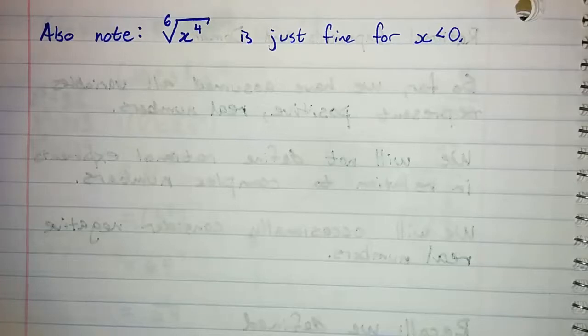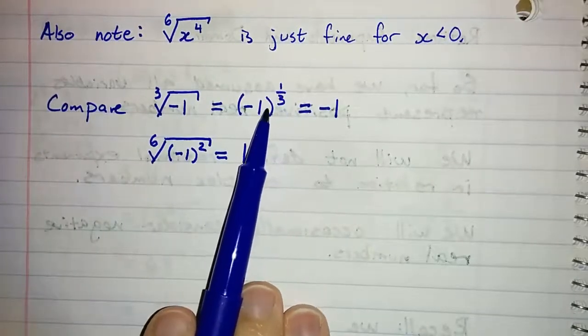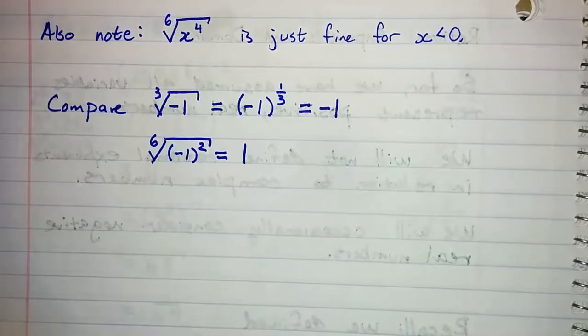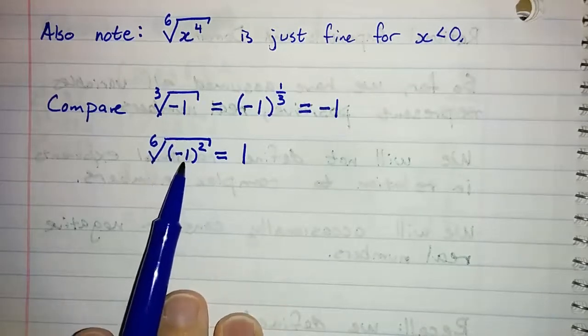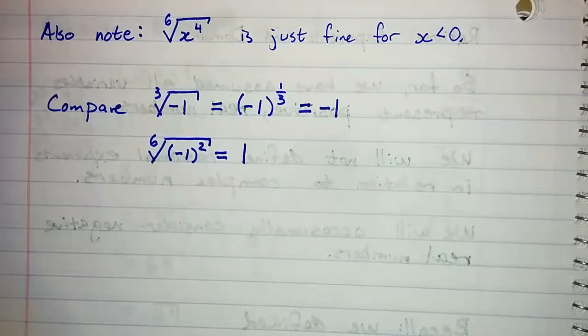But in some cases, this gets even stranger. For example, compare -1 to the 1/3, which is just the cube root of -1, which is just -1, to what we would get if we take -1, square it, and then take the 6th root. -1 squared is just 1.